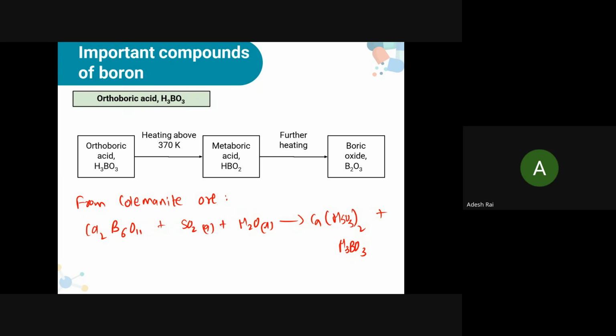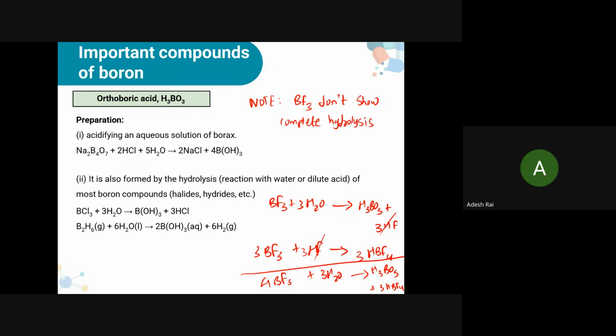In hydrolysis, we have mentioned strictly that except fluorine, all undergo complete hydrolysis. Fluorine undergoes partial hydrolysis, because the ratio is 1:3. For 3 water molecules, we end up with only 1 boric acid. Is that clear? So for BF3 you have to be careful.